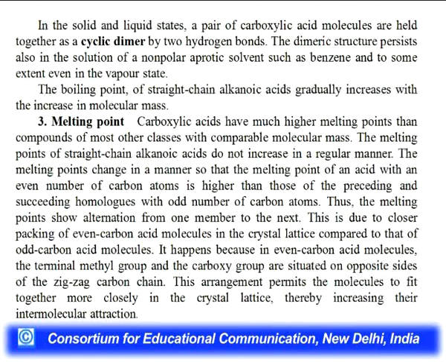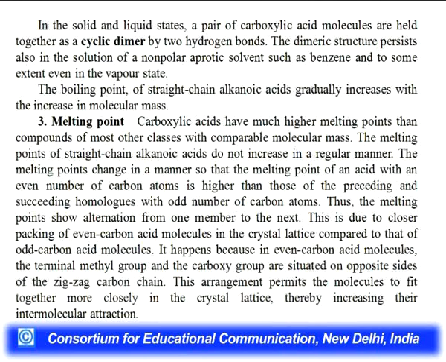What are aprotic solvents? Aprotic solvents are solvents in which there is no proton to donate after dissociation. Although we have protons in benzene, it cannot dissociate simply. So an aprotic solvent example is benzene, and the dimer persists to some extent even in the vapor state.